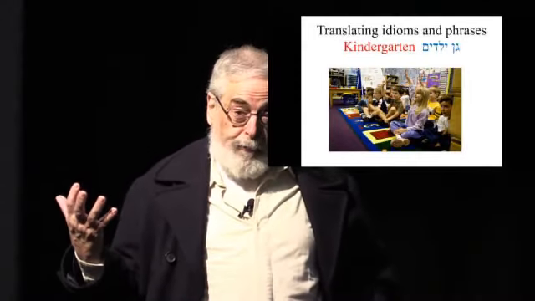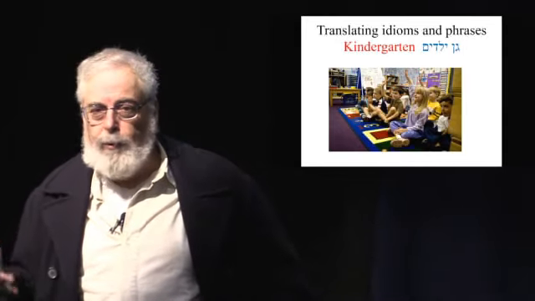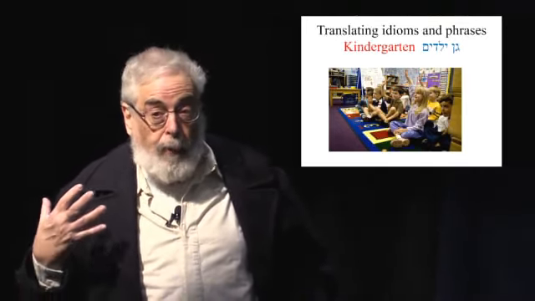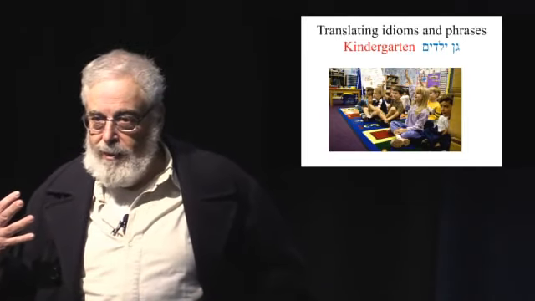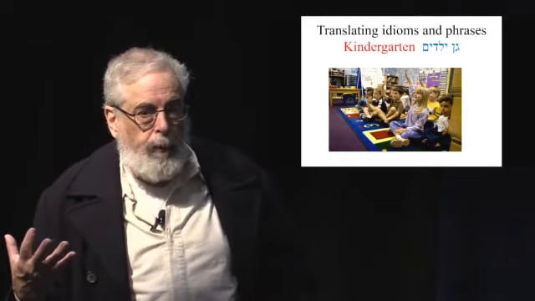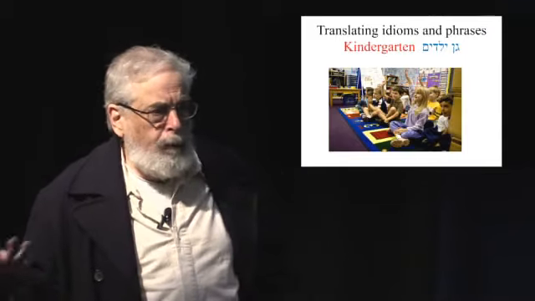Many of them, thousands of them, are coming from the Bible and from the Talmud and the Jewish sources. But most of them are translated from other languages. And after you translate, it becomes Hebrew. And there are many, many examples, thousands and thousands.